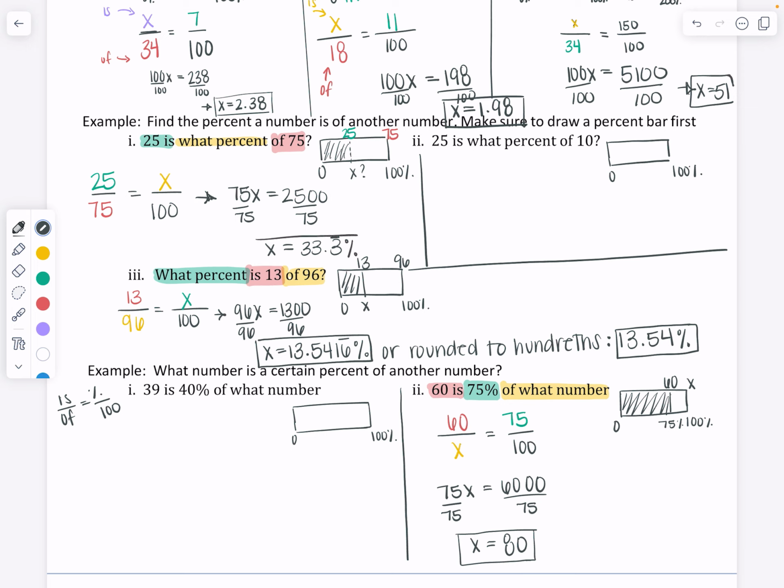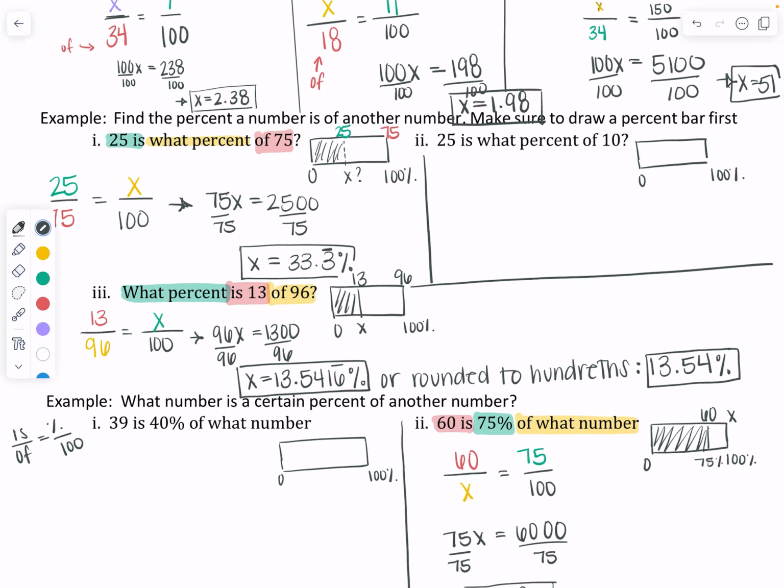And so I can leave that like that. If the question had said round to the nearest tenth, then you could round that off to 33.3%. But my question doesn't say anything about rounding, so I need to write it as the repeating decimal using that little bar over the 3.